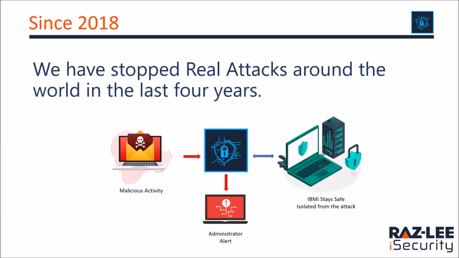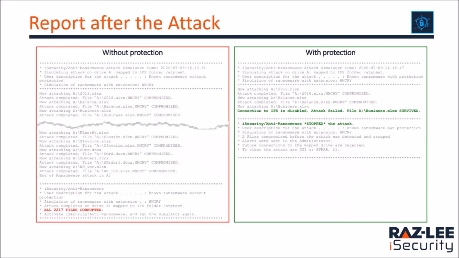First, we have to remember that since 2018, we have stopped real attacks around the world for the last 4 years using the technology of the iSecurity anti-ransomware. So it's really important to be protected from a zero-day attack with the 3 solutions, because this 3-layered solution will help you survive the zero-day attack.